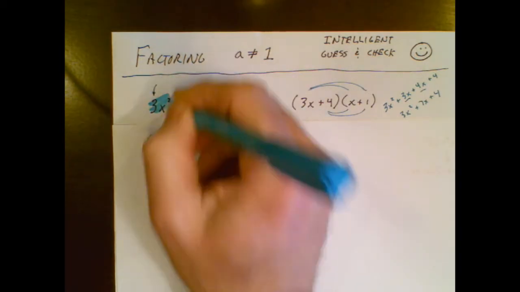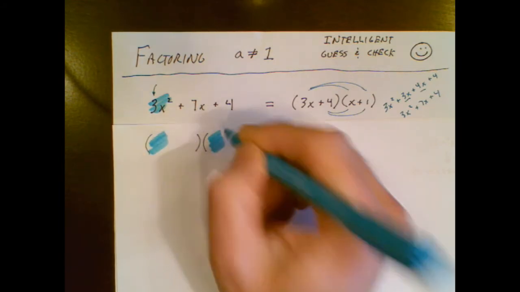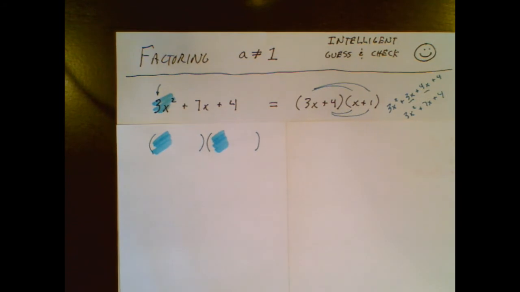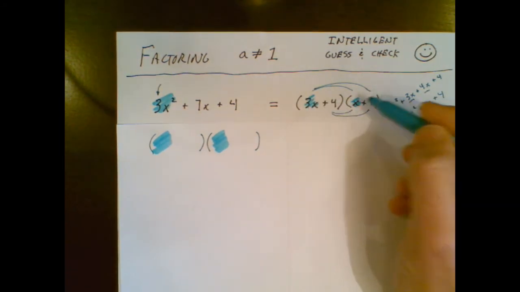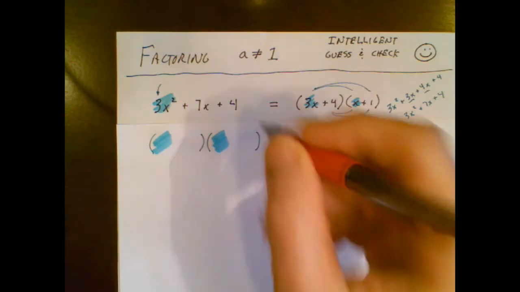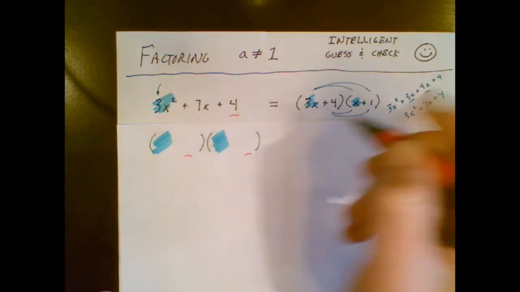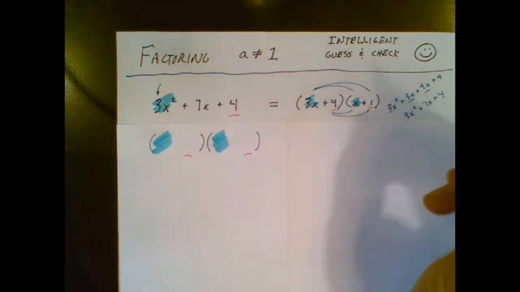And intelligent guess and check is going to go this way. This term right here, the first term, is going to correspond with the first parts of your parentheses. So in other words, there and there. And then the last term is going to correspond to the last parts of your parentheses, there and there.